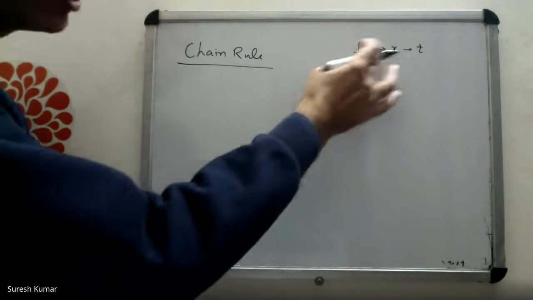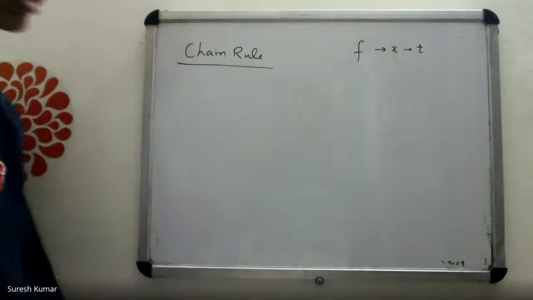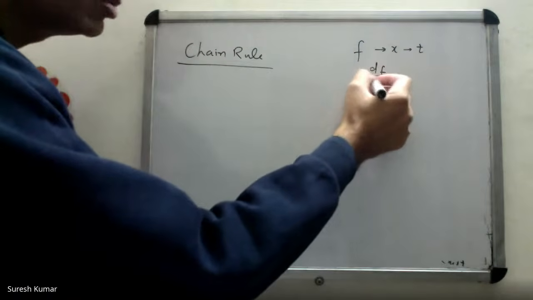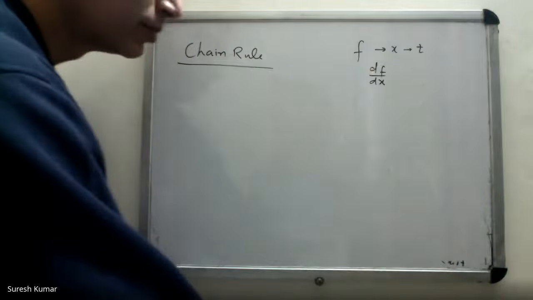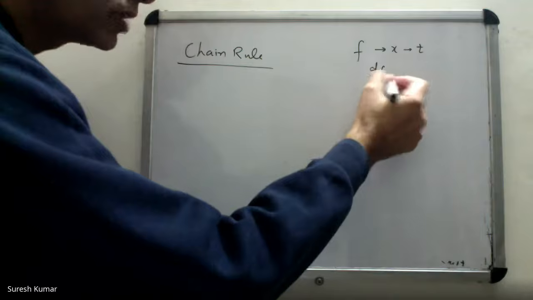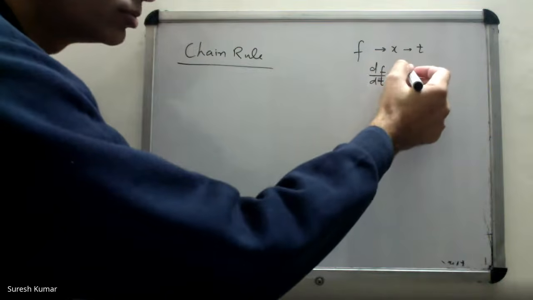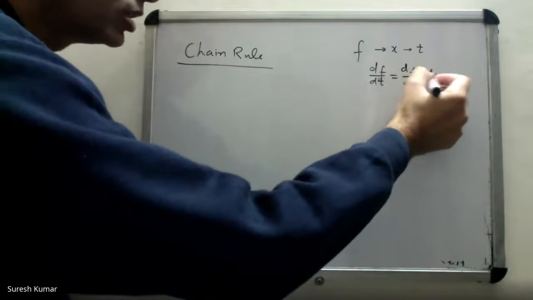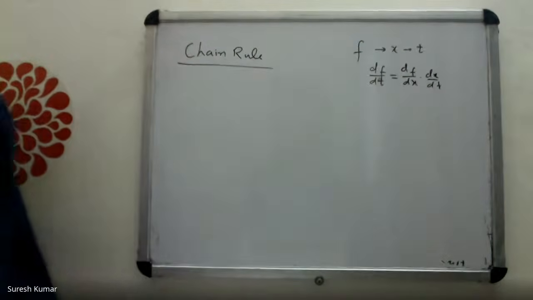Of course, f is a differentiable function of x and x is a differentiable function of t. Then chain rule says that derivative of f with respect to t is equal to df over dx into dx over dt. You are familiar with this.